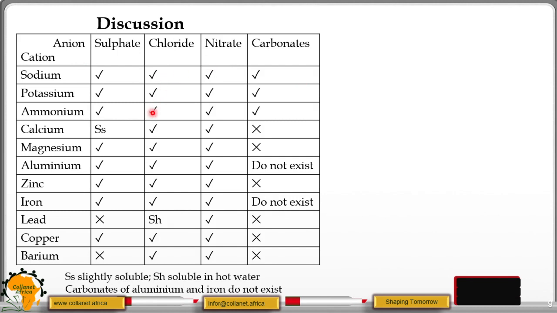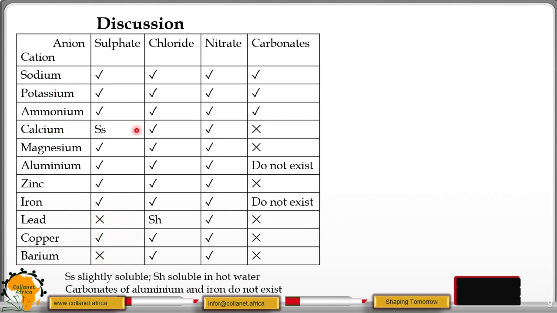This table summarizes the solubility of various salts in water. If you look at the sulfates, we see that all the sulfates are soluble except for lead and barium, and that's why you have a cross there and a cross there.